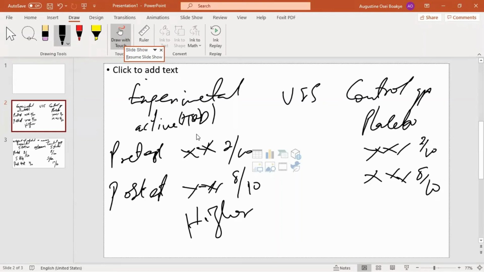Is it clear? So at the end of the day, we want to ascertain by boldly saying that the performance of the employees on the job is because of the training program that they went for, but not because of their own maturation or their own history. And that is why I said all those extraneous variables must be held constant.